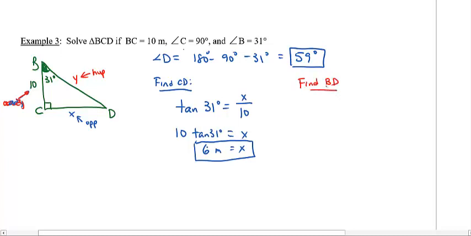So to do that, adjacent, hypotenuse, cosine. Adjacent is 10, hypotenuse is y. Okay, once you set this up, once again, cross multiply. And this time we're going to take 10 divided by cosine of 31 degrees.